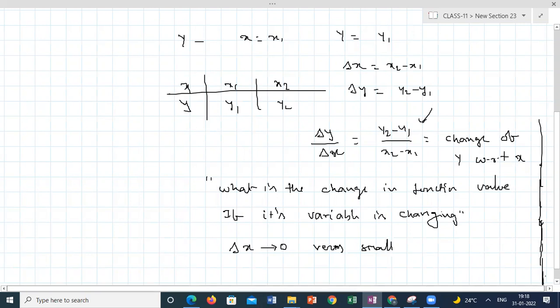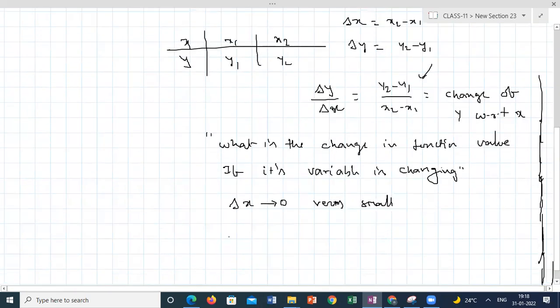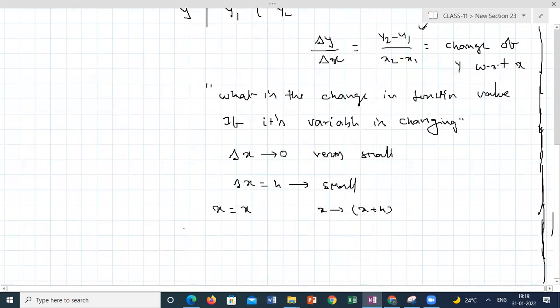How can we discuss the meaning of change? Suppose this change is h, and this h is almost 0. When x is equal to x and x is increased by h, where h is almost 0, to x plus h, how is the function behaving?